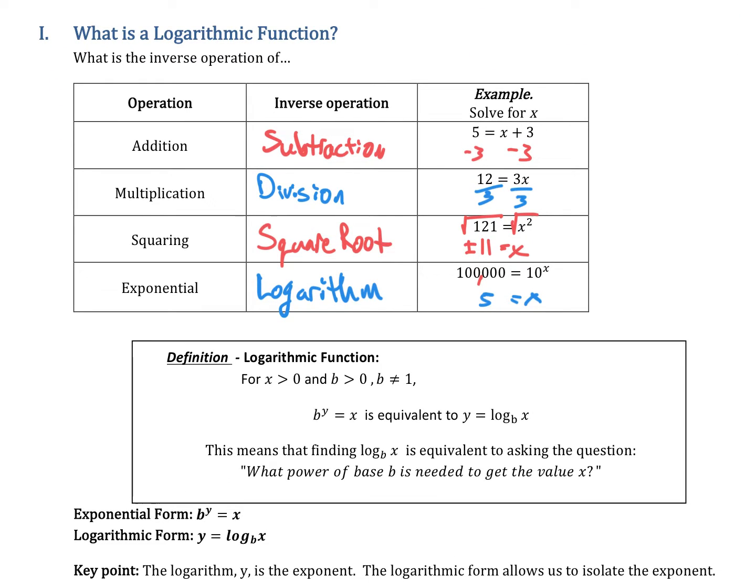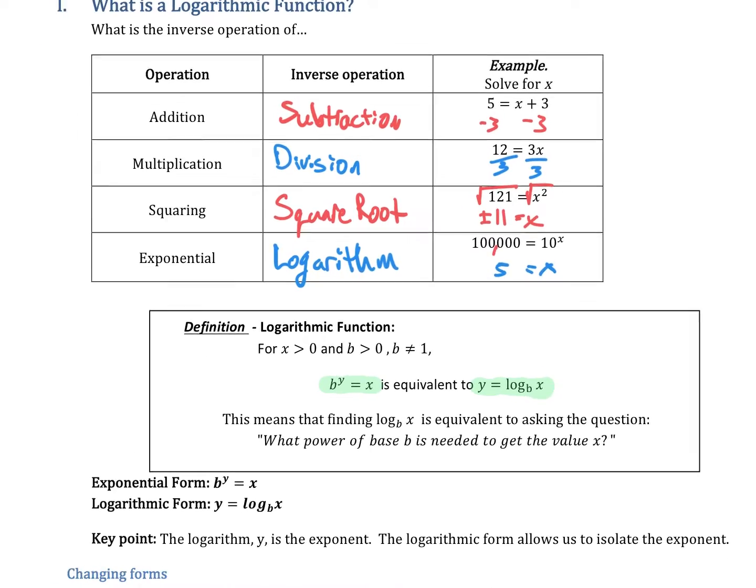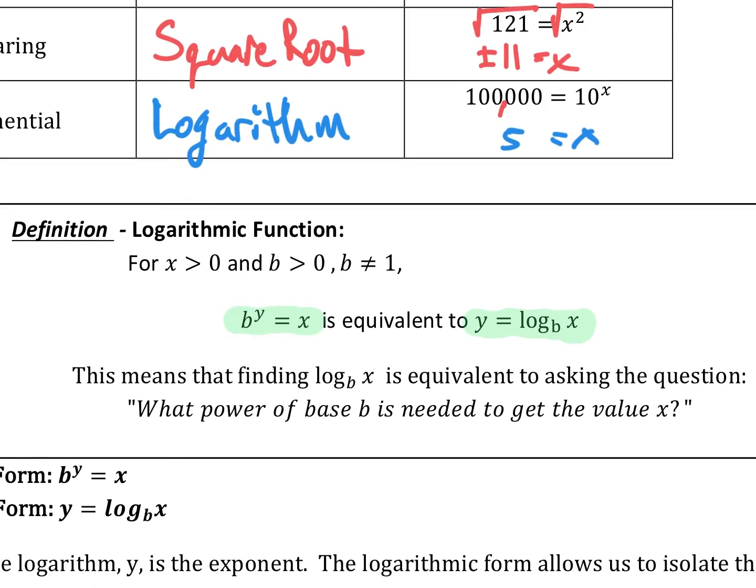So the definition of a logarithmic function is this. A logarithmic function says that b to the y equals x is equivalent to y equals log base b of x. All right? So little vocabulary here.